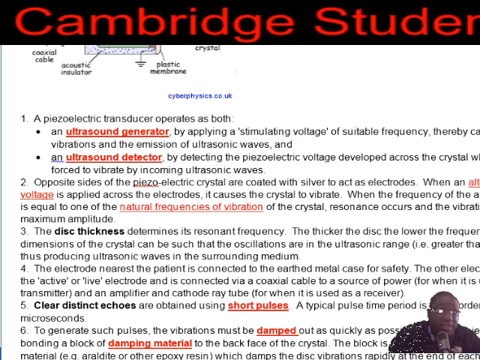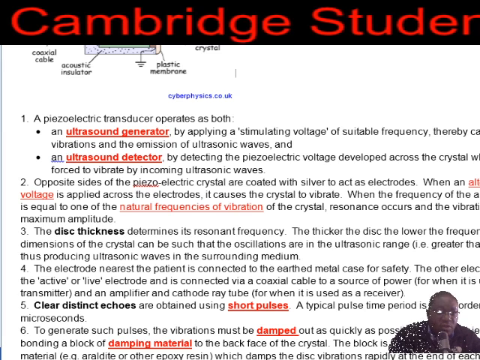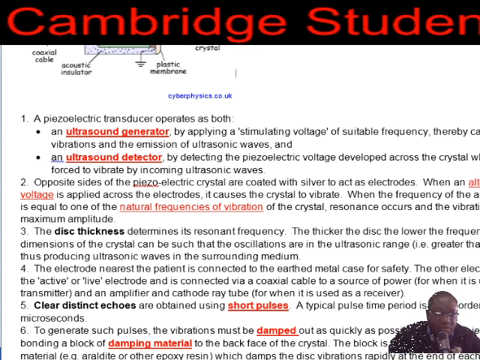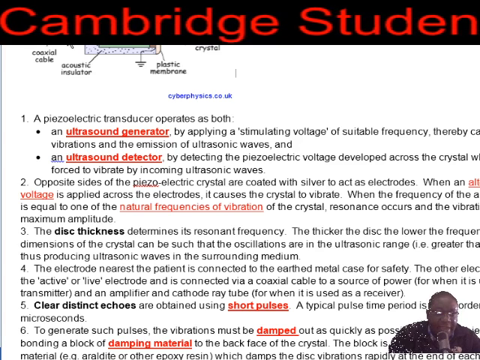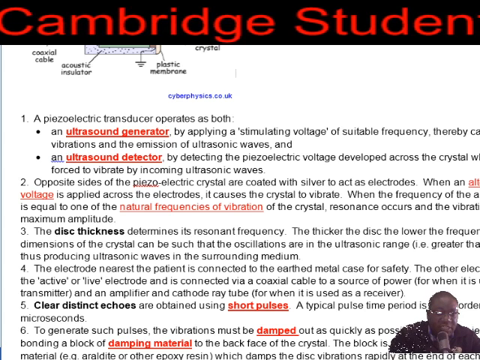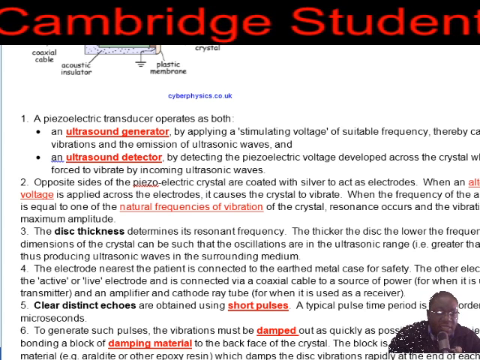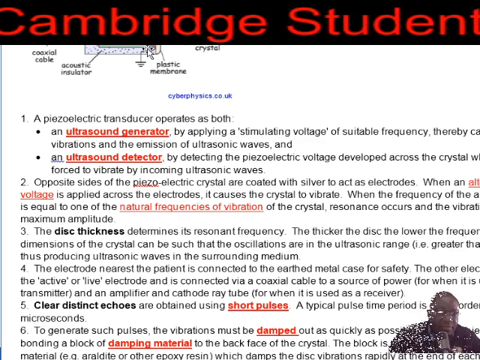So there you are right here. So that's the coaxial cable. Remember, in the topic of communication, we talked about coaxial cables. So we apply the alternating voltage across there, and then the crystal is made to vibrate.